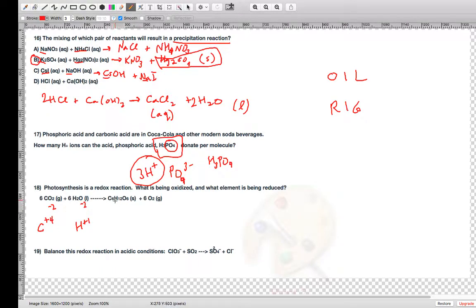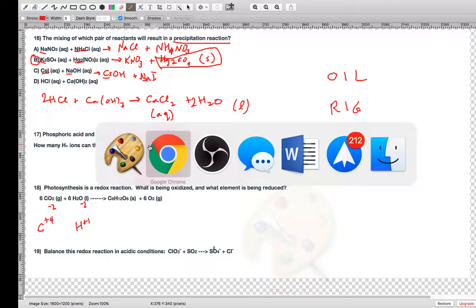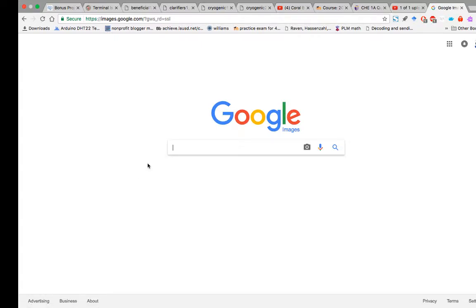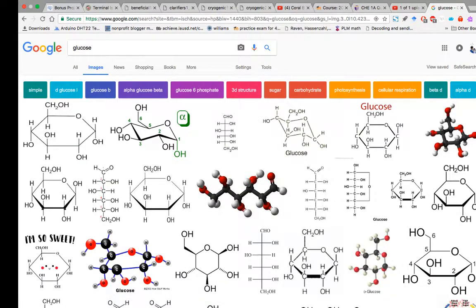Now, this carbon is bonded to some other carbons, but it's also bonded to some hydrogens. And we need the actual structure of the molecule to see who's bonded to whom. Maybe I shouldn't have used that when I made up that practice problem.